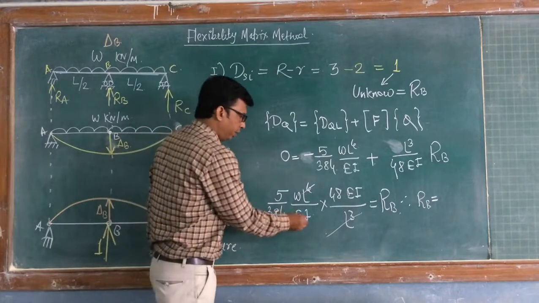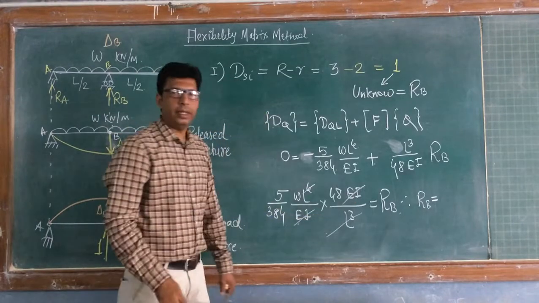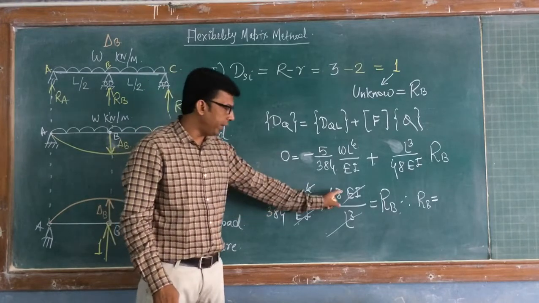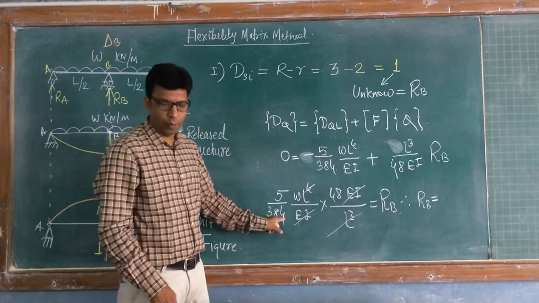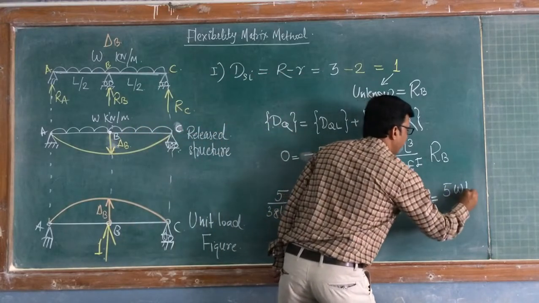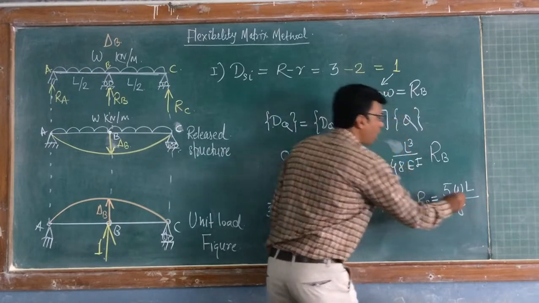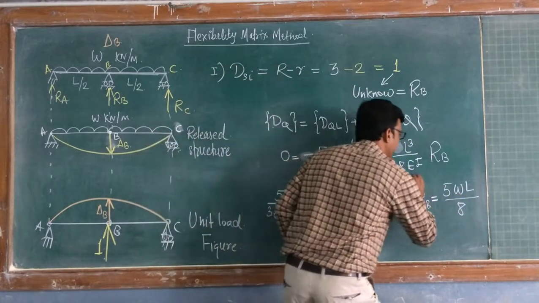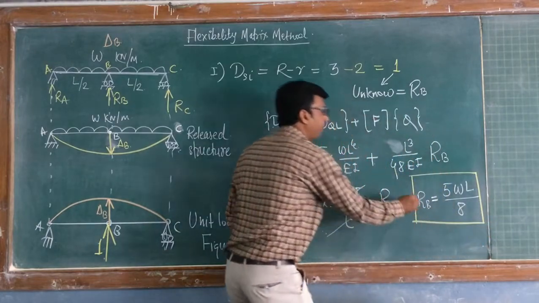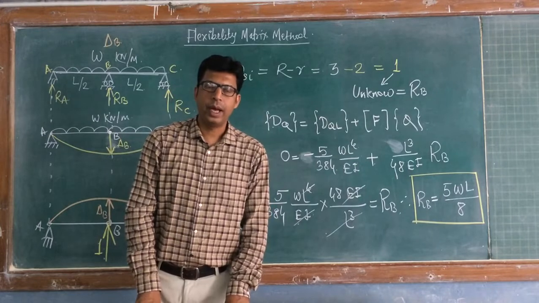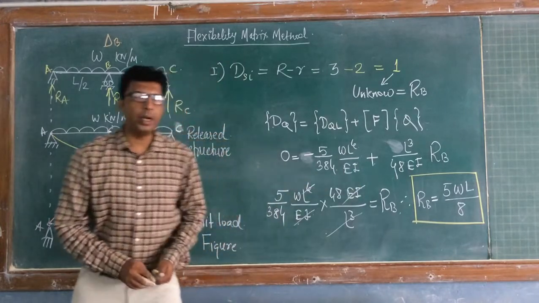L cube will get cancelled, EI will get cancelled, and if you solve this, W into 48 divided by 384, the final answer is 5 WL upon 8. So this is the final reaction at point B.